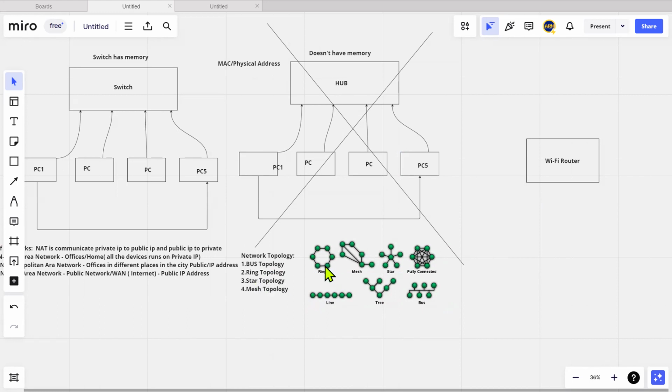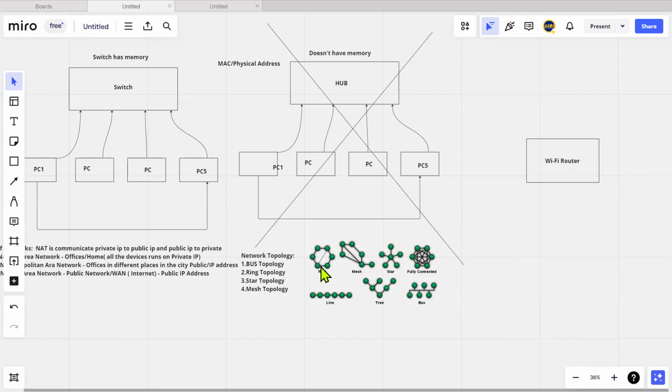So ring topology, what does the ring topology do? Each computer is connected together. See, this computer is connected to this computer, all interconnected. For example, if these circles are computers and this computer wants to send information to this computer, what will happen?